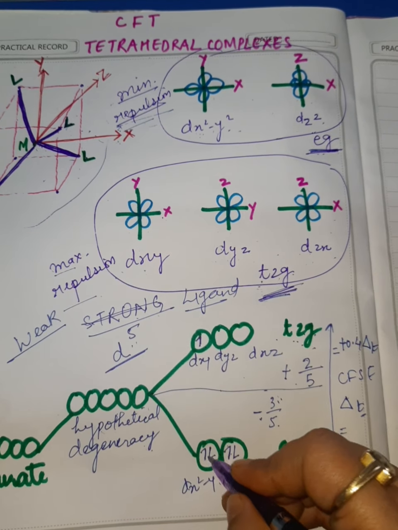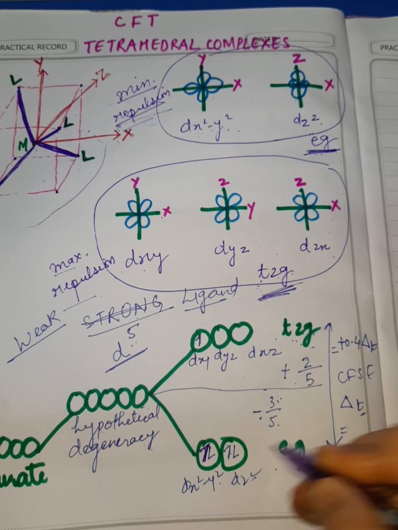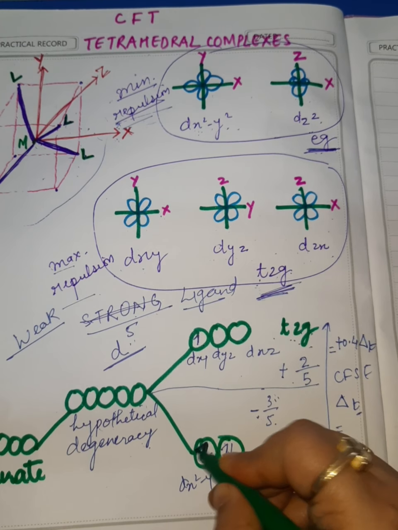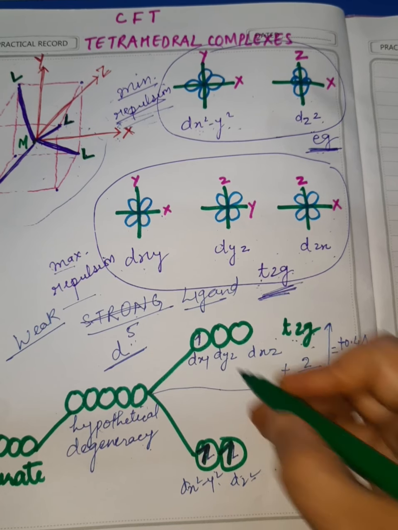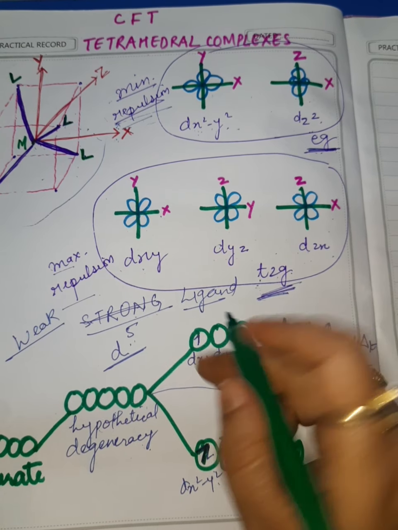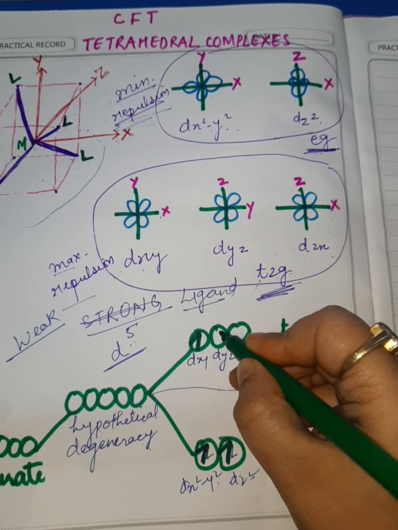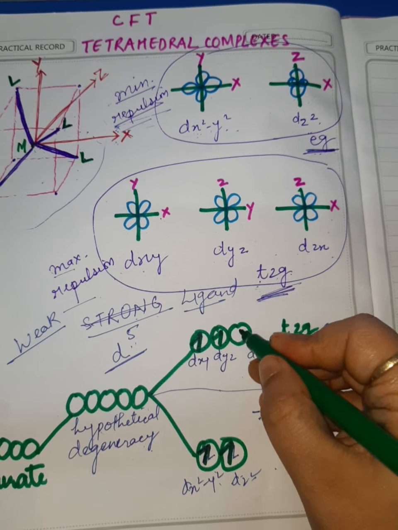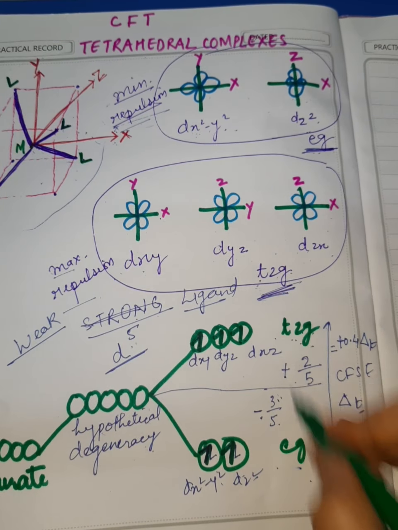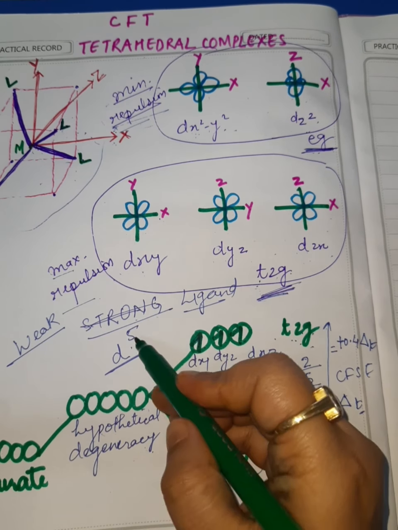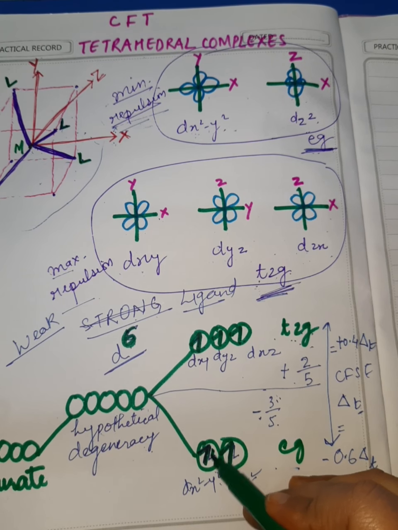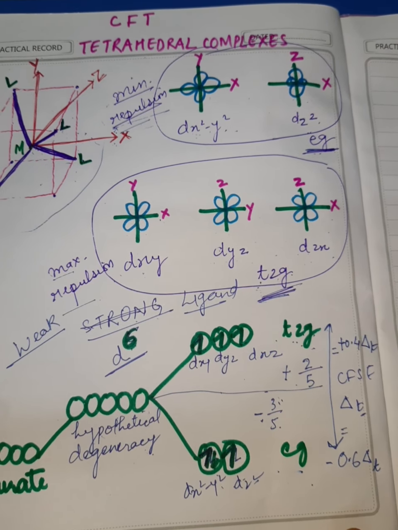So 1, 2, no pairing, 3, 4, 5. Like this, 5 electrons will be filled without pairing. If it would have been D6, then the 6th electron would get paired up here. I hope it is clear.